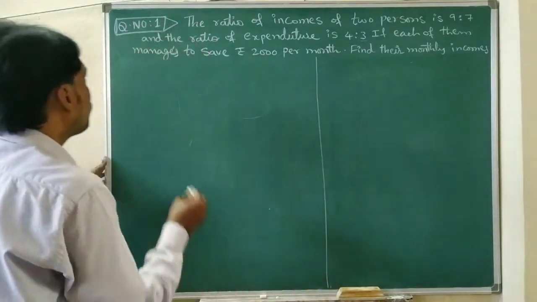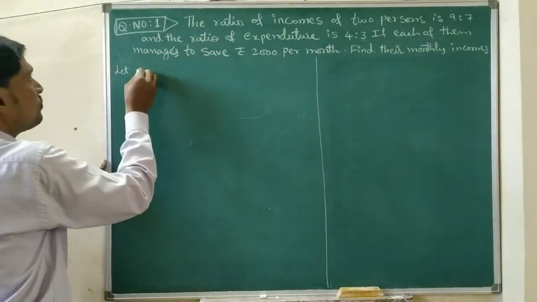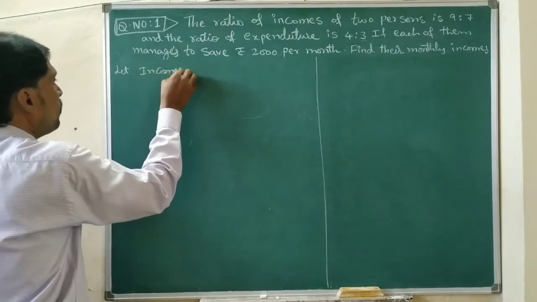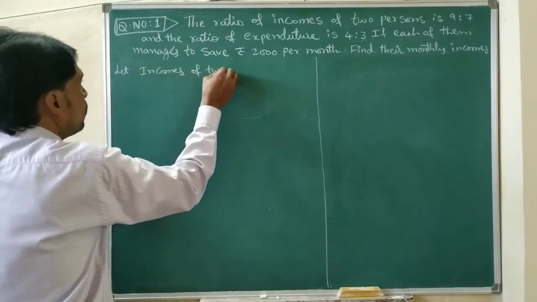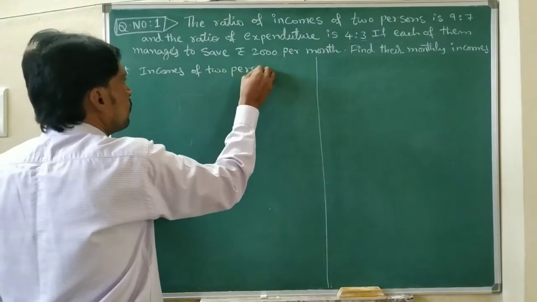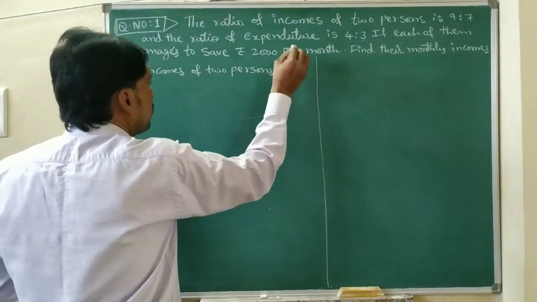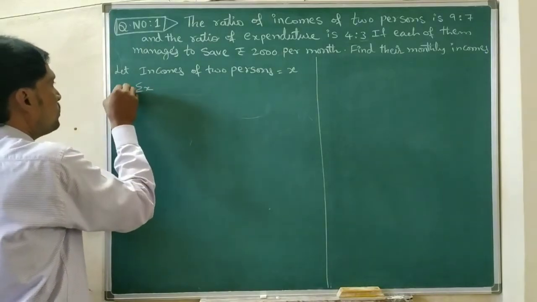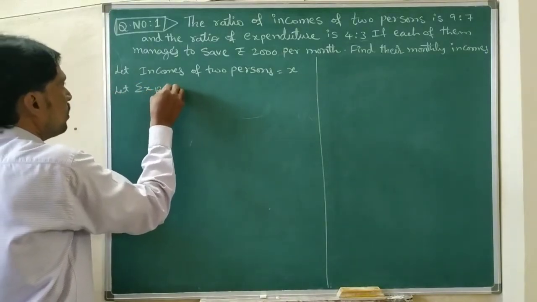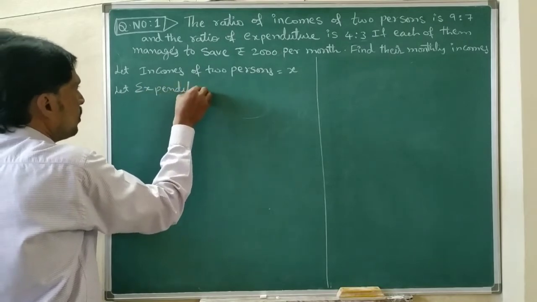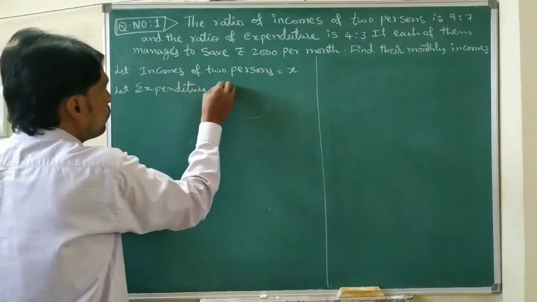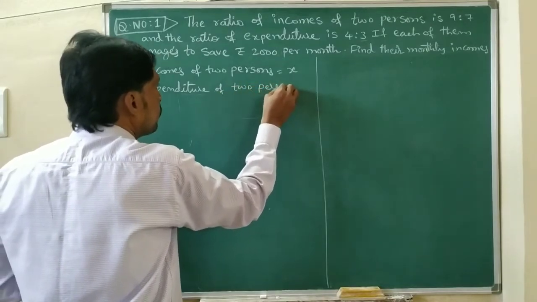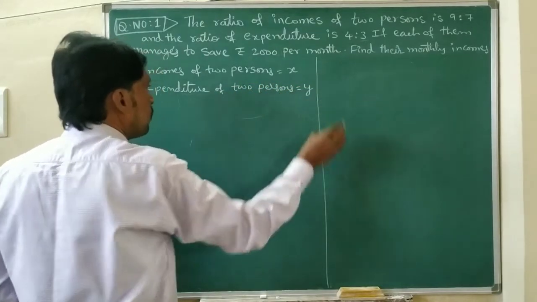Now see here, let the incomes of two persons equal x. This is also, let the expenditures of two persons equal y.